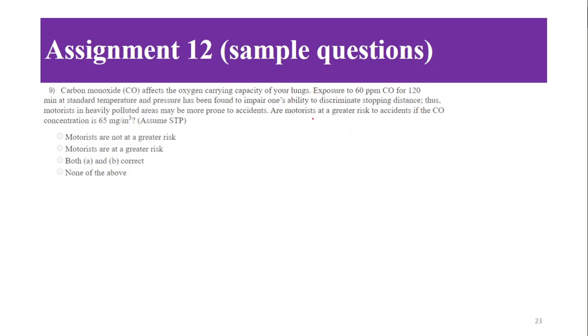So the limit is 60 ppm. This is volume by volume. Okay, 60 ppm of carbon monoxide, and the current concentration is given in milligram per meter cube.